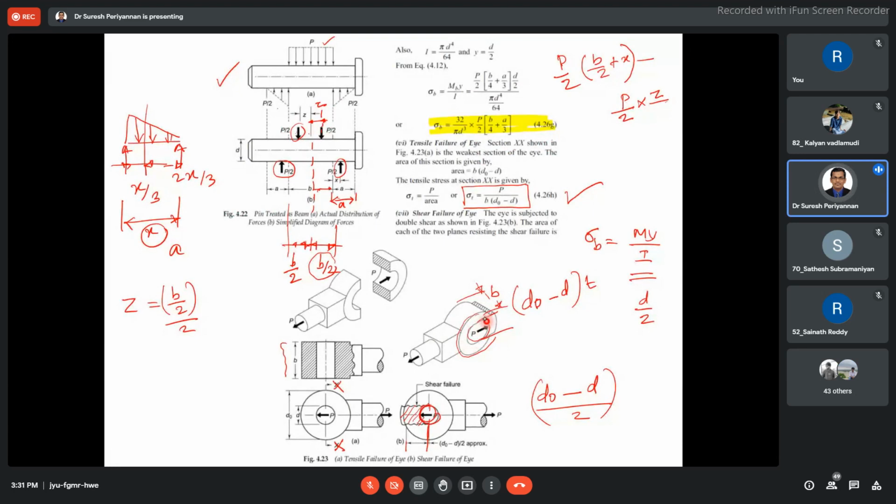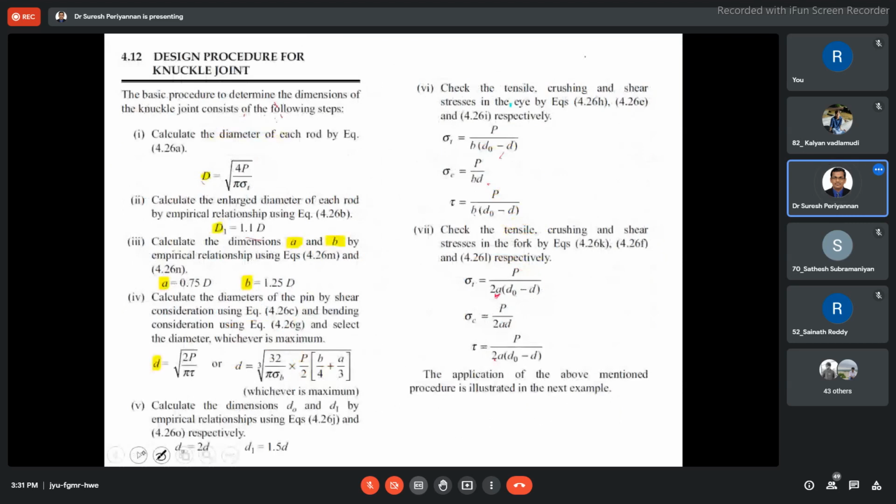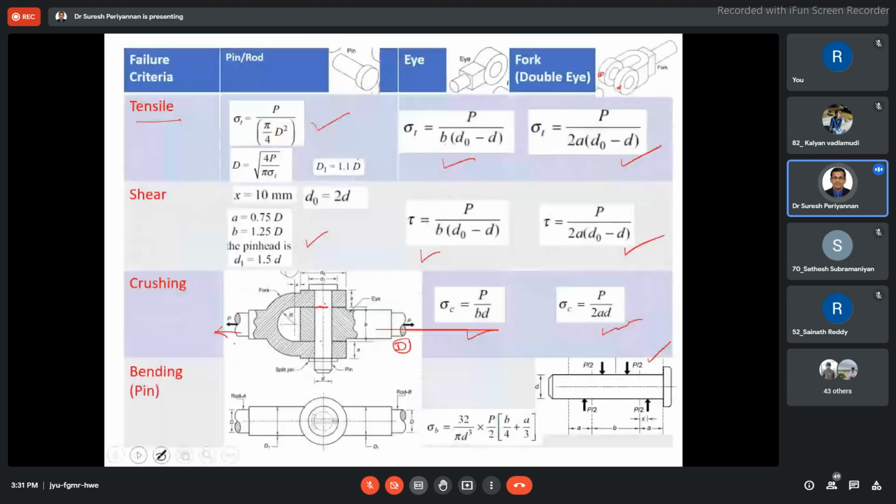Sorry, D naught minus d, I mean, this is the pin dia, into B, not T, into B. That is going to be the tensile failure of the eye end. See here, tensile failure of the eye is given here.